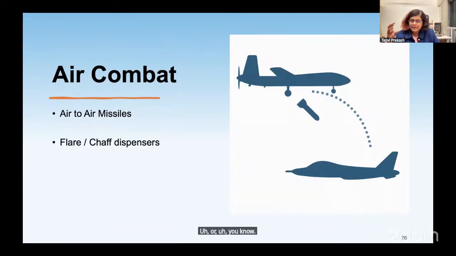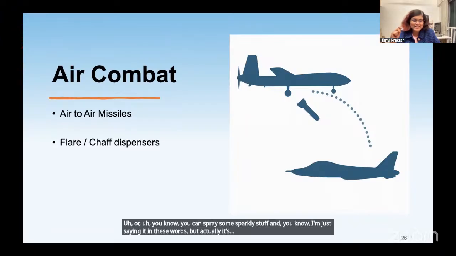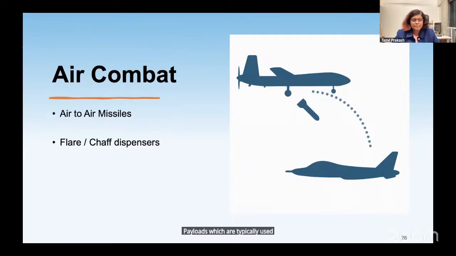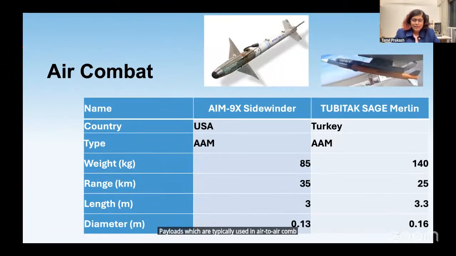You can spray some sparkly stuff, and I'm just saying it in these words, but actually these are called flare and chaff dispensers. So these are also some types of payloads which are typically used in air-to-air combat, and this is what they look like.